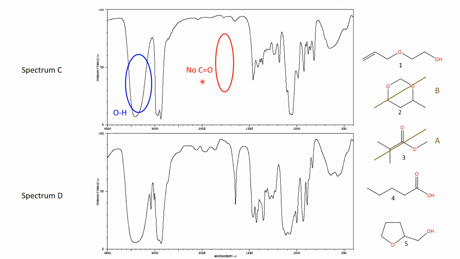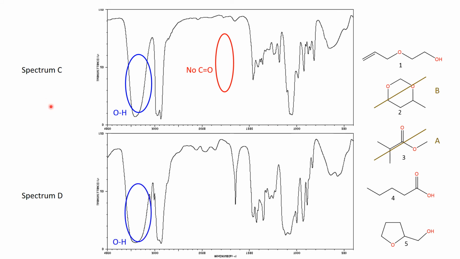Okay, so not only here is there no carbon oxygen double bond, but there's also no carbon-carbon double bonds, so nothing there. So I'm going to suspect strongly that spectrum C does not correspond to compound 1, and it does not correspond to compound 4 because there's no C double bond O peak there, so it's probably 5.